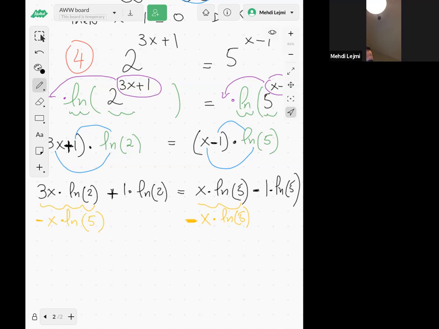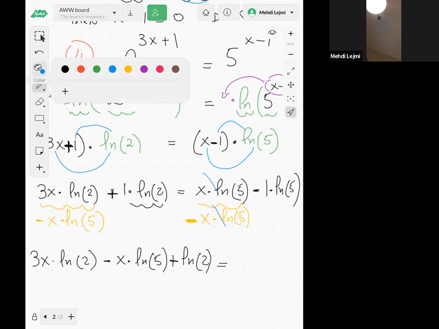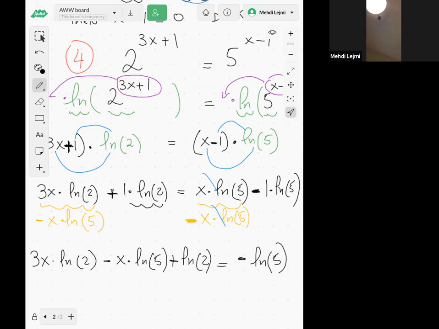So on the left, we're going to have 3x times this natural log of 2, and then minus this x times natural log of 5. And of course, there's this 1 times natural log of 2, which is just natural log of 2. Equal, and then minus, there's this minus here, so minus 1 times natural log of 5 is just minus natural log of 5.